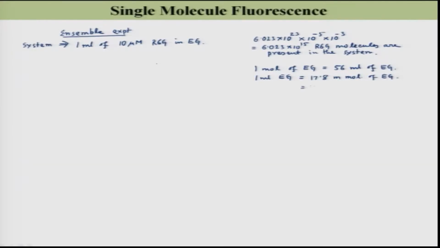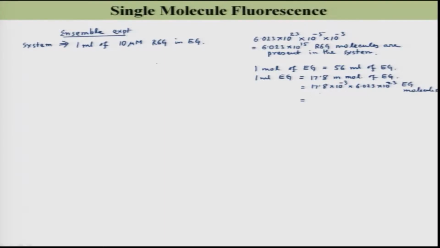So, this is equal to 17.8 into 10 to the power minus 3 into 6.023 into 10 to the power, no, not minus, 23 EG molecules.